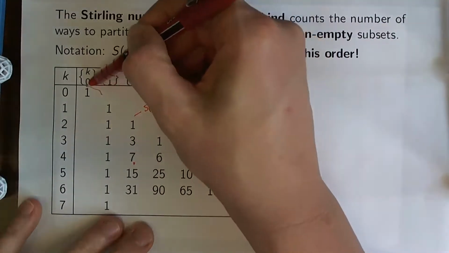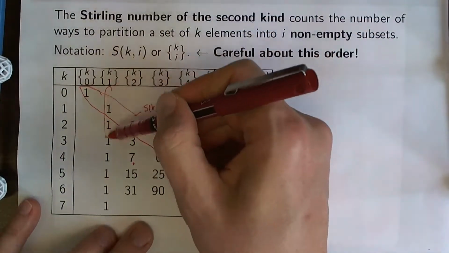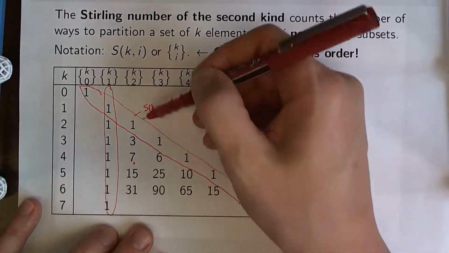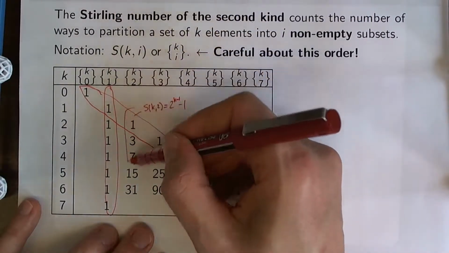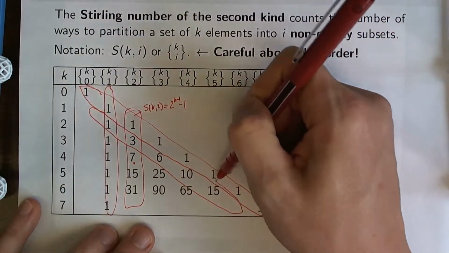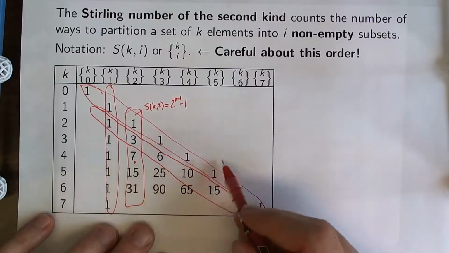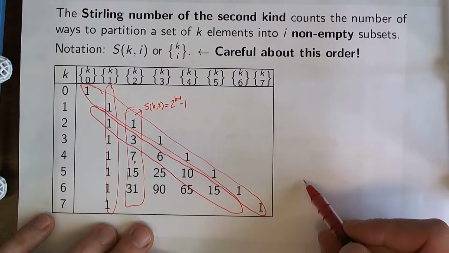You can also see this diagonal is all 1s, this column is all 1s, and we figured out this column. This diagonal, these are triangular numbers. Later on, we'll figure out a formula for these.